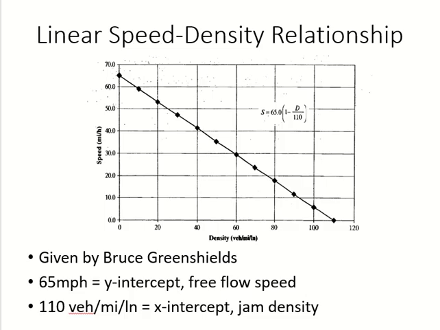So we know this, right? Density increases, speed decreases. For the sake of developing the equation, they said that this is a linear phenomenon, happening linearly. So there's a linear relationship between speed and density, a straight line.